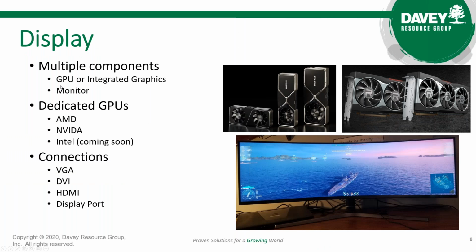Lastly, we want to look at our display. For the most part, you're going to look at what is used to generate the display on your computer. You generally know you need monitors and multiple monitors, but you really want for a GIS workstation to have a dedicated GPU. This can be one from AMD or NVIDIA.